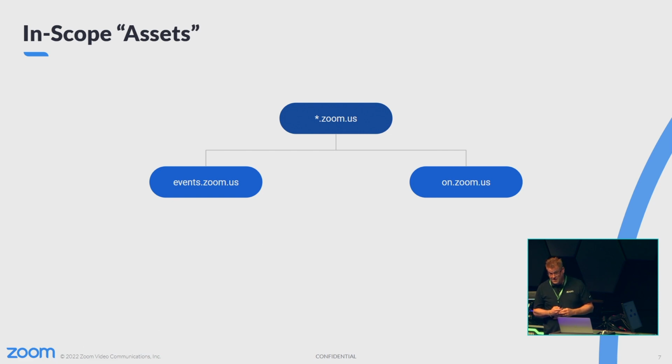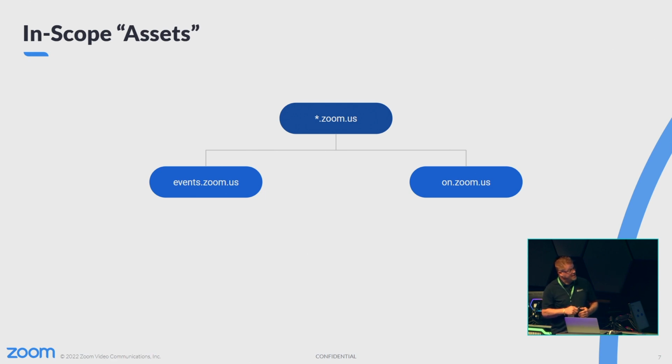If you look at the main scope of our main program, or even the H1702, you'll notice a lot of star.zoom.us type domains. And we're getting a little bit closer now to being able to generate data that I can internalize at Zoom and get to the right teams to fix the vulnerability, right?